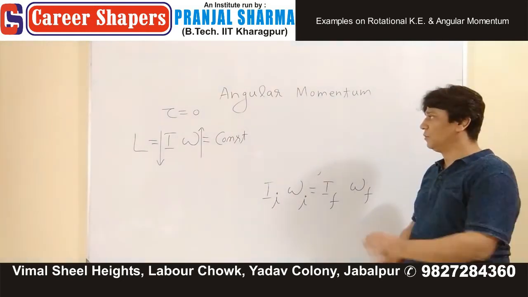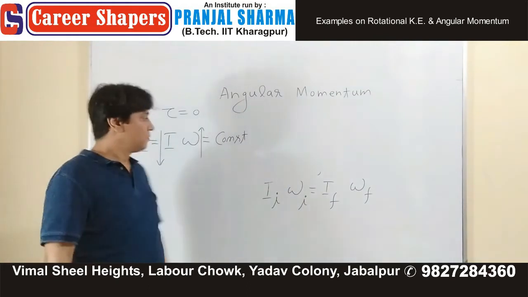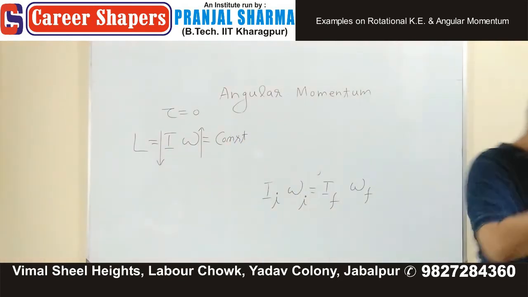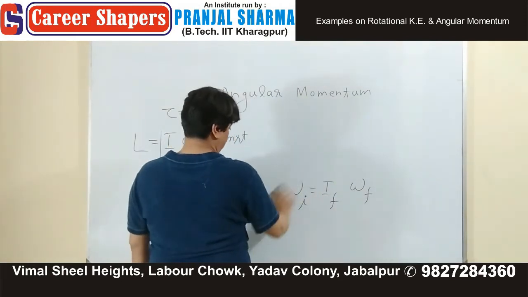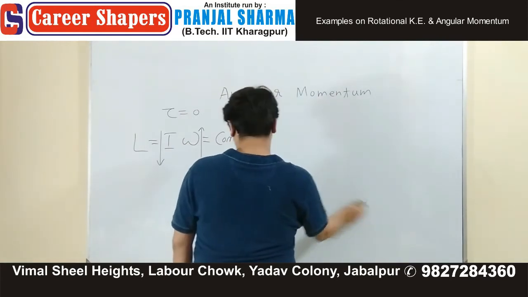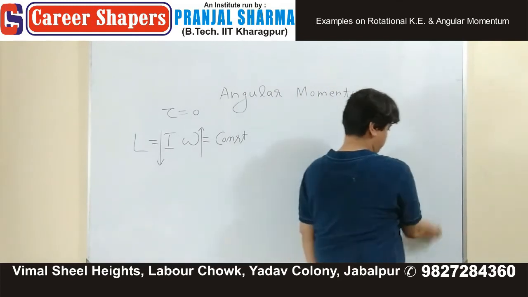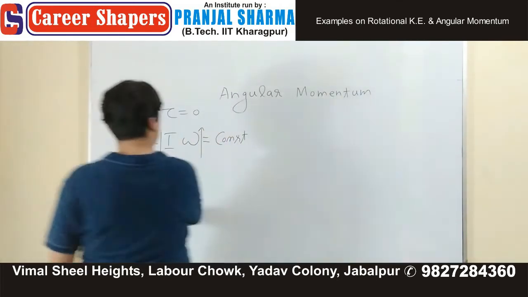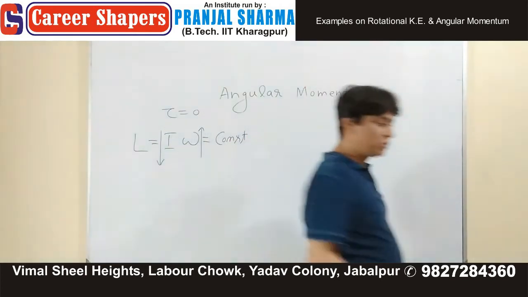When a ballet dancer folds her arms, her angular velocity increases because of COAM, that is conservation of angular momentum.